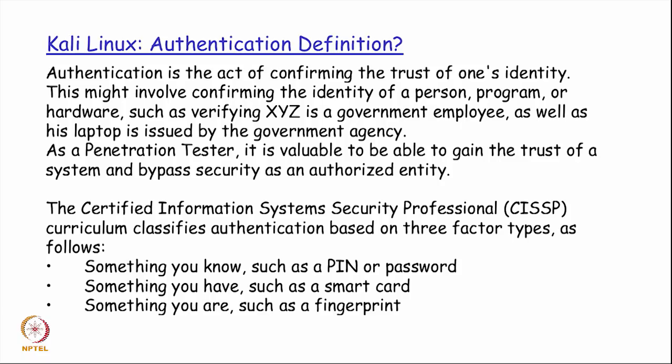Now, to give an idea about the different kinds of authentication, if I take the CISSP curriculum as a reference point, they say that authentication could be based on 3 factor types. One is something which is known, like a PIN or a password, that is known without any kind of physical entity. The second one is something which I have, like a smart card, and the third one is something which I physically possess, like a fingerprint that I need to make use of.